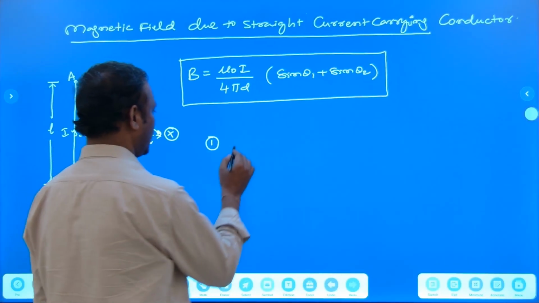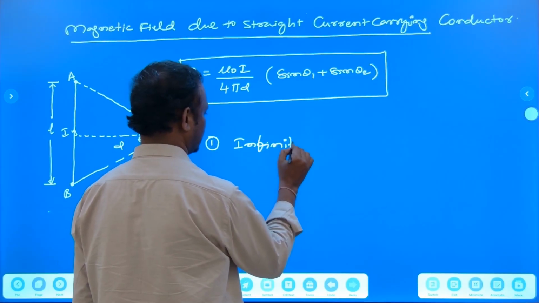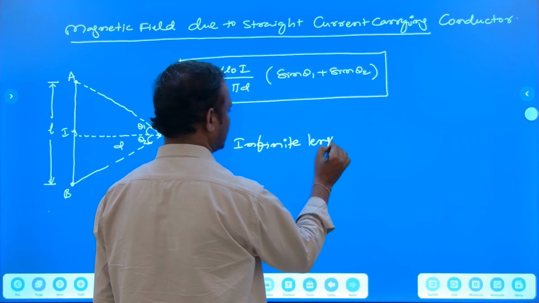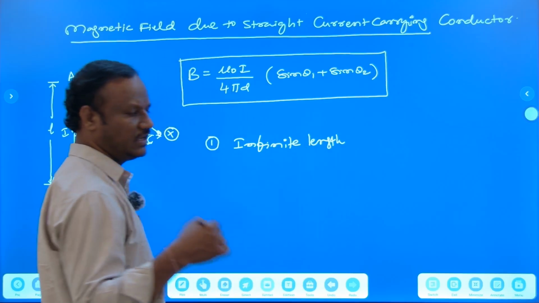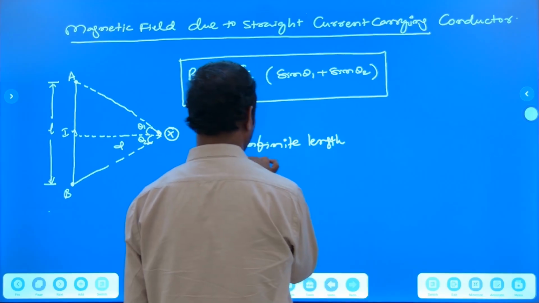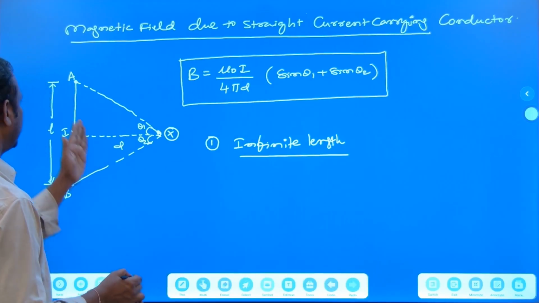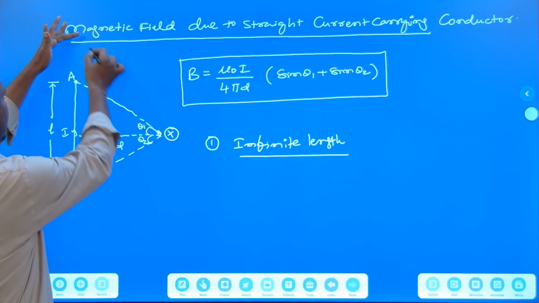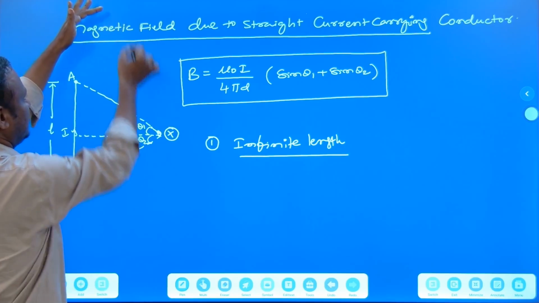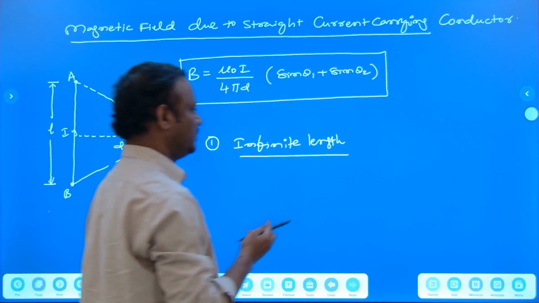If I talk about infinite length, it means an infinite straight current carrying conductor. Whenever infinite length is given, just imagine the angle, like this, like this. Infinite means perpendicular to this.